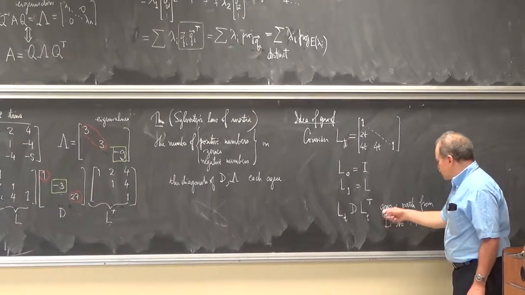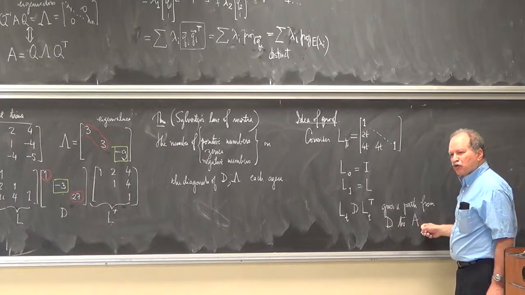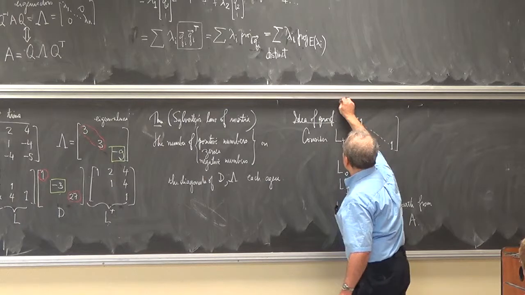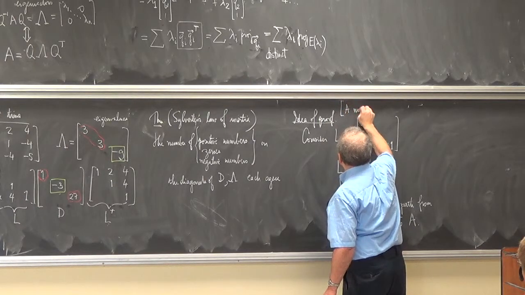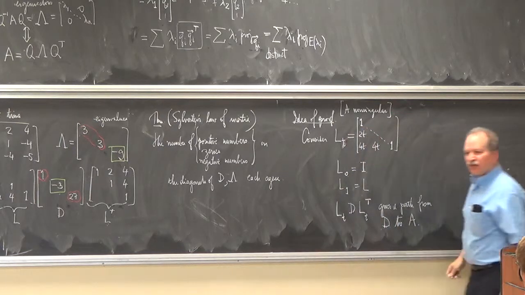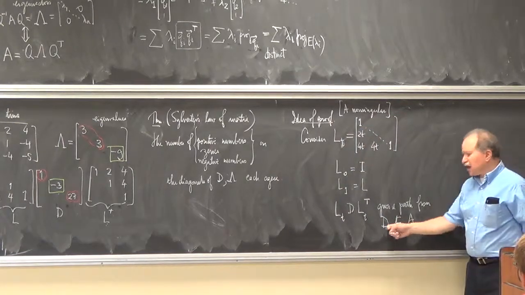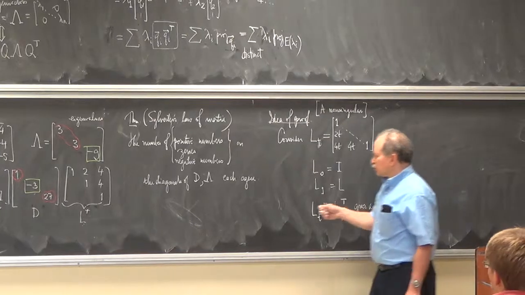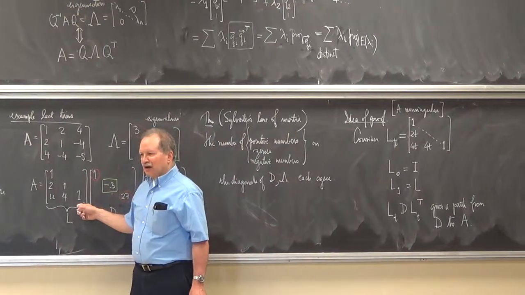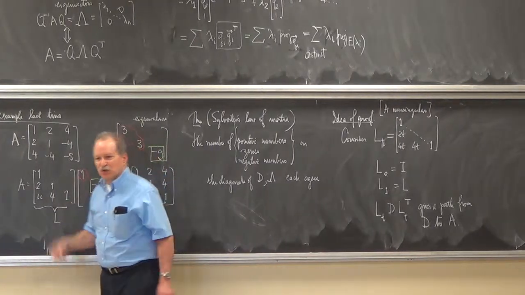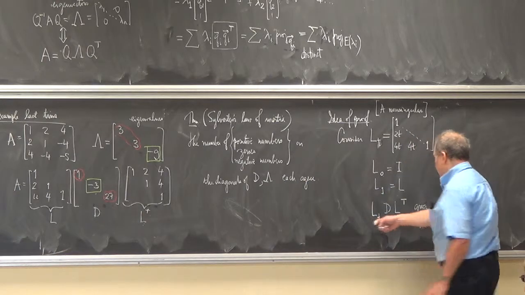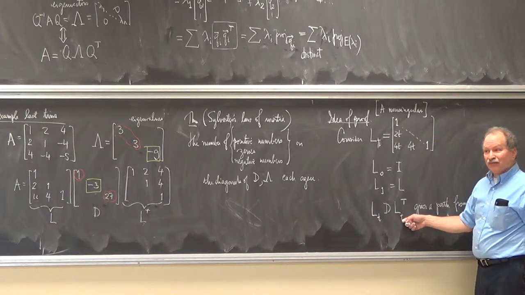So now, did this path of matrices ever cross singular matrices? No. I'm doing the proof here for the case where A has no 0 eigenvalue, and you can jazz it up, but I'm not going to do that with you today. This stays non-singular because you're multiplying D, which is non-singular, by lower triangular and upper triangular matrices with 1s on the diagonal. So that means that whatever the eigenvalues of this thing are doing, they never cross 0.